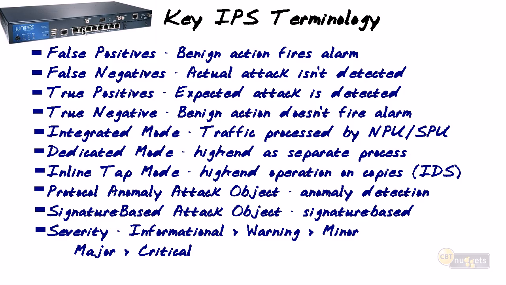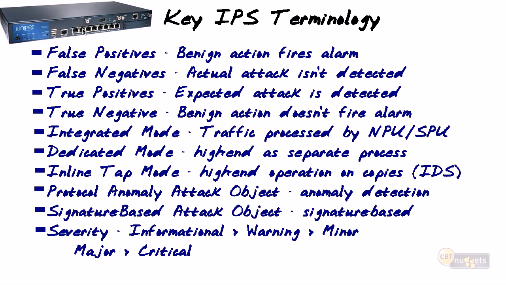With the promiscuous mode, you can control what you're analyzing, but you have to do it on the switch that you're connected to. You have a trunk port to a switch, and you can do SPAN on the switch or RSPAN or VLAN mapping, things like that. But here on the SRX, since you can enable IPS processing on a rule-by-rule basis, by applying it to a firewall rule, you get incredible granularity.